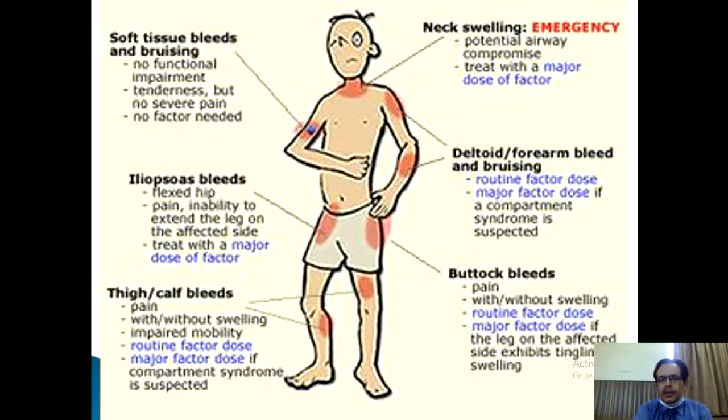And remember that compartment syndrome and airway obstruction are more important because they can sometimes lead to serious outcomes. If the airway is obstructed, the patient can die, and if there is untreated compartment syndrome, paralysis can happen. So these two sites are to be looked upon very carefully.